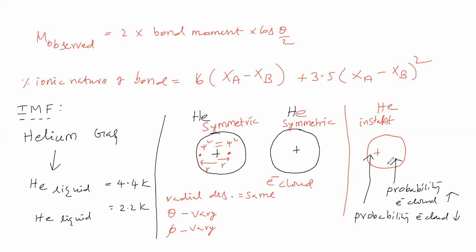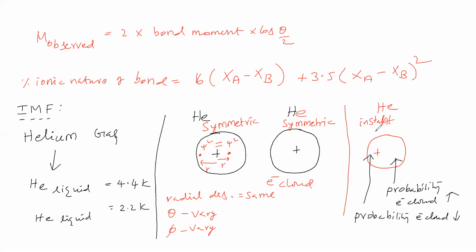If it were permanent, why would we say helium has a 1s2 configuration, and that the s orbital is spherical and symmetric? Here the probability of electron cloud is high, and here it is less; the symmetric electron cloud gets distorted temporarily at a given instant.